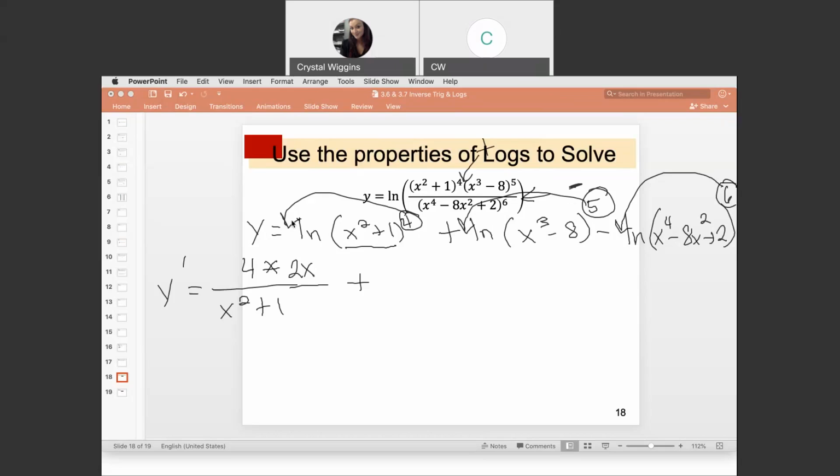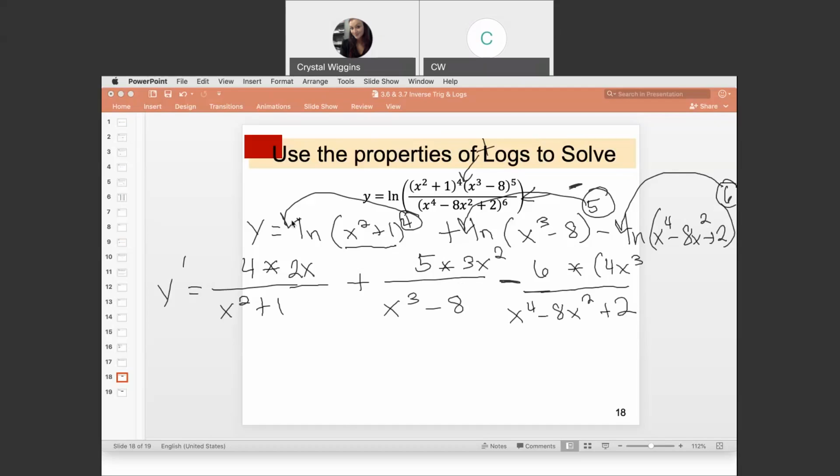So we have 5 over the inside function times the derivative of the inside, which is 3x squared and negative 8, just like positive 1 went to 0, minus 6 over x to the 4th minus 8x squared plus 2 times the derivative of that inside function, which is 4x cubed minus 16x and then plus 0, which we don't need to write.